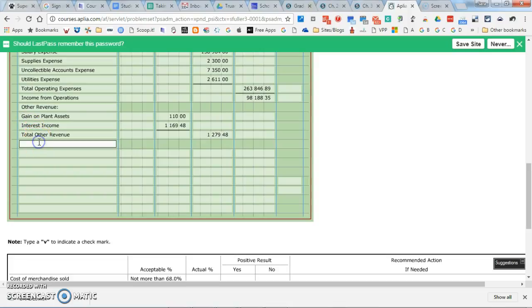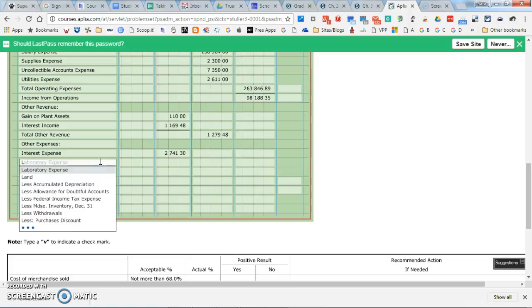Then our next heading is other expenses. And we have interest expense. And it's going to go in the second column, $2,741.30.